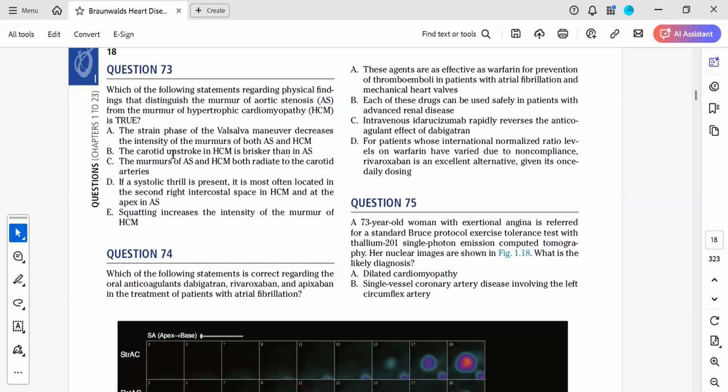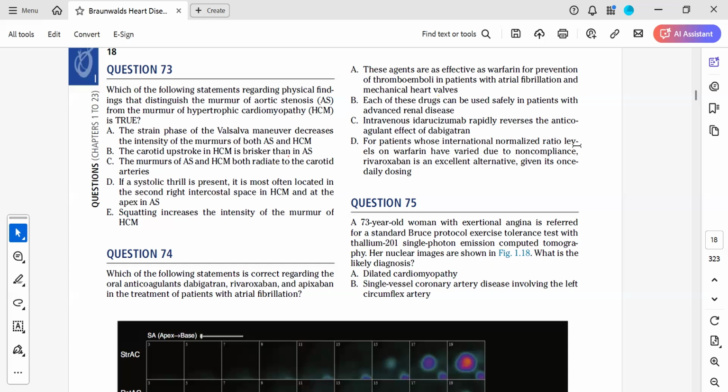And lastly, squatting increases the intensity of the murmur of HCM. This has been said earlier, it doesn't increase the intensity. So the correct answer here is that the carotid upstroke in HCM is brisker than that of AS. Any contribution or question, or should I move to 74? Let's move to 74. I think it's clear.